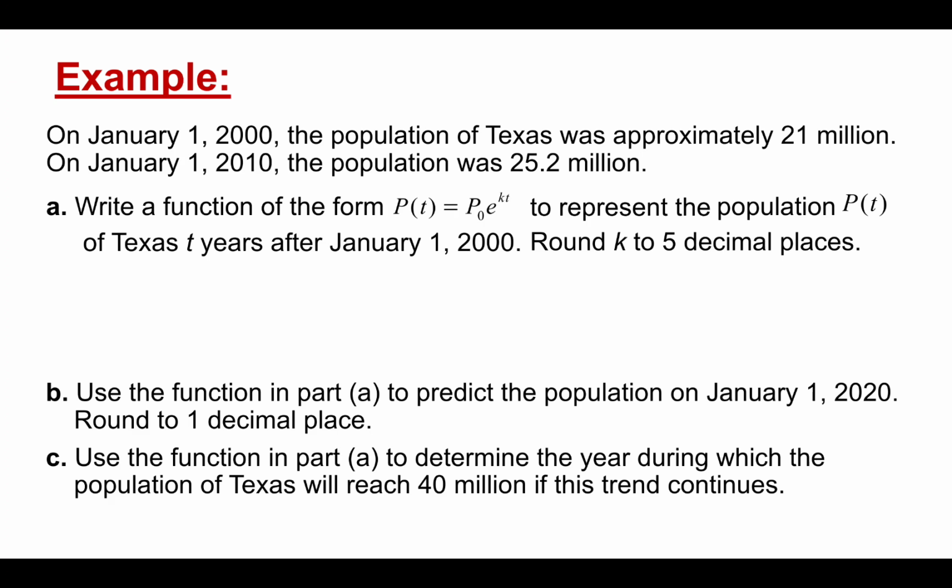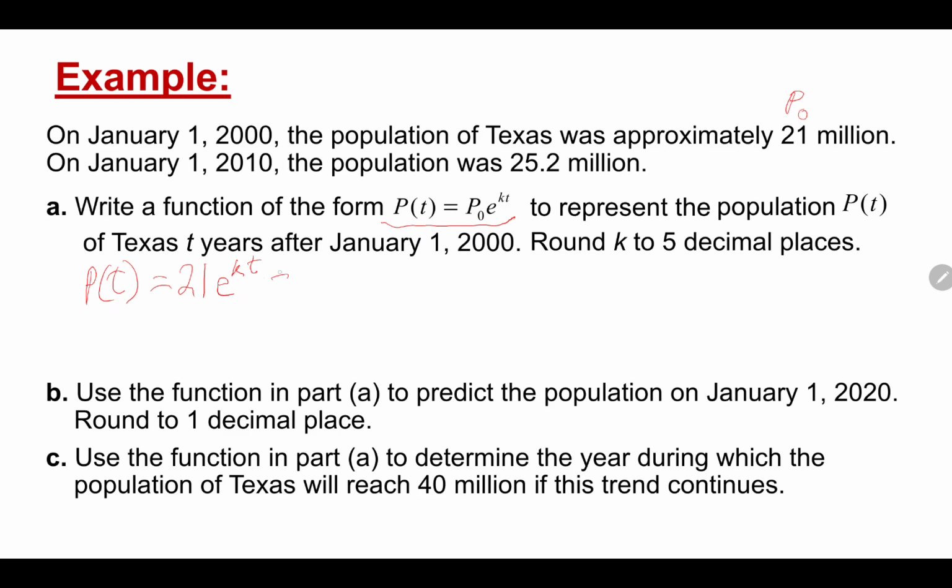So first thing, we need to come up with a form. We're kind of given the guide right here, and we're just going to follow that guide. So the population, P of t, is going to equal, well, our P naught is right here. That's 21 million. So I'm going to do this in millions. So 21 times e to the kt. But actually my t at this point, since this is the beginning, should equal 0.